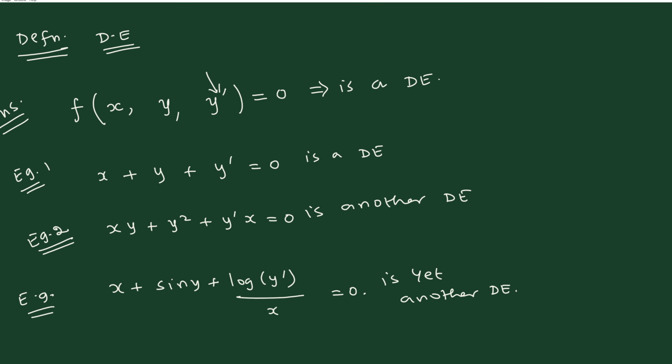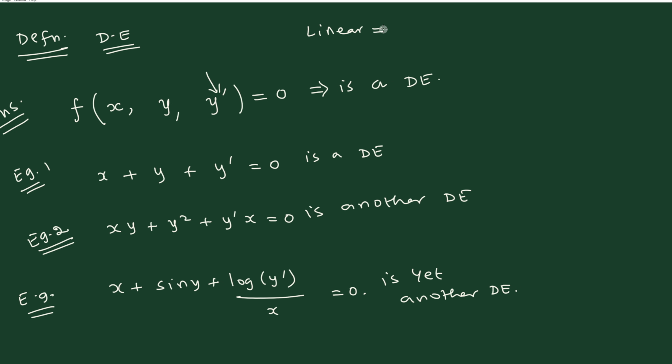After this, once this is clear to you, I want to explain what is the difference between linear differential equation and nonlinear differential equation. The rule is very simple. If you know this particular rule, it's quite simple to evaluate.